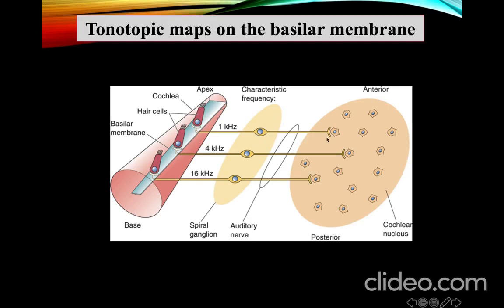These nerve fibers reach the cochlear nucleus and then the brain, and the brain can perceive that if the fibers near the apex are getting the signals to the brain, it means that sound is of higher frequency. While if these fibers take the signal to the brain, it can identify that the sound is of lower frequency, and accordingly if it is the middle part, the brain can realize the sound is of medium frequency.